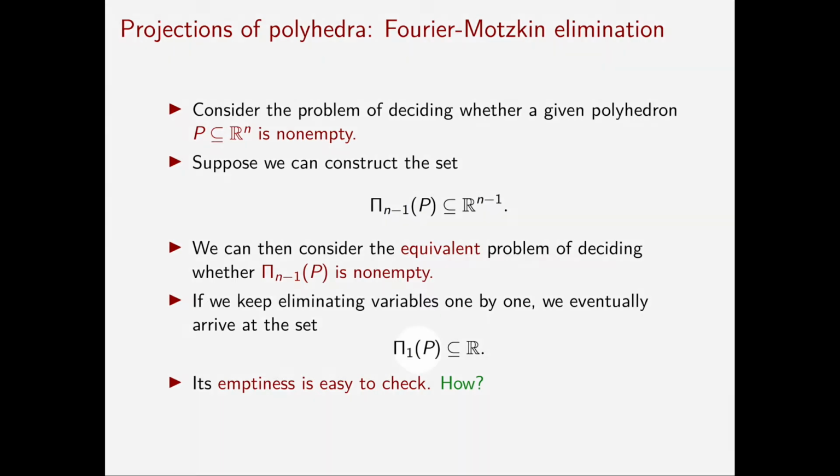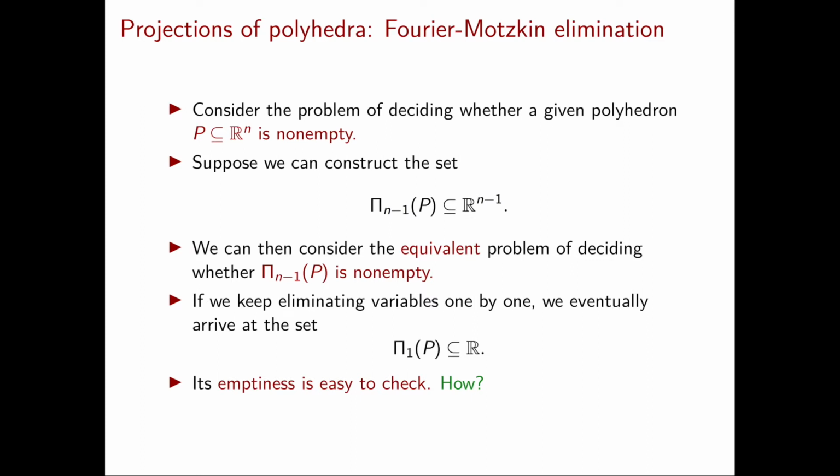How is this set given to us? It's given to us by means of linear inequalities. Since this set is one-dimensional, it can be described using only inequalities of the form x1 greater than or equal to a lower bound, and inequalities of the form x1 less than or equal to an upper bound.